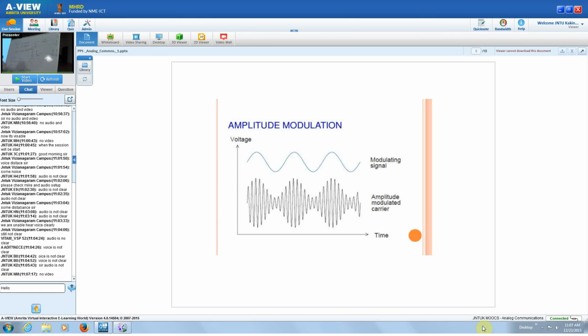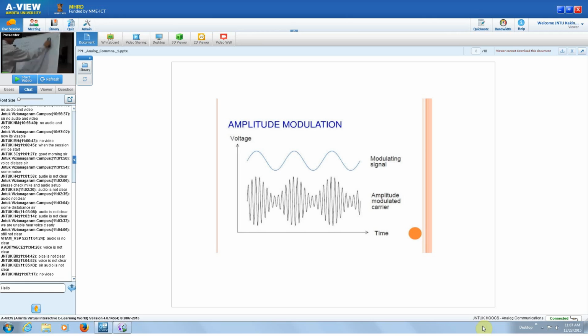Therefore, if you have your baseband signal m of t something like this, the amplitude modulated signal, because we are having 1 plus Ka m of t, and the negative side will have a signal like this.